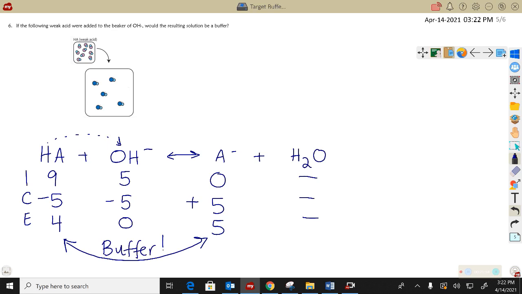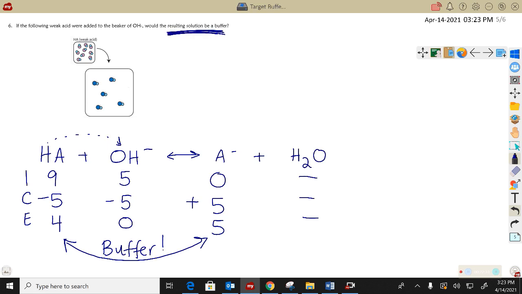And the key is that I just can't go beyond the capacity of the buffer. As long as I have less than 9 particles of hydroxide, when I shift everything and look at what's left at equilibrium, I would still have some of my weak acid, and I produce the conjugate base. This is a really tricky question that they'll throw at you on the AP test every now and then, where they'll say, like, would it result in a buffer?